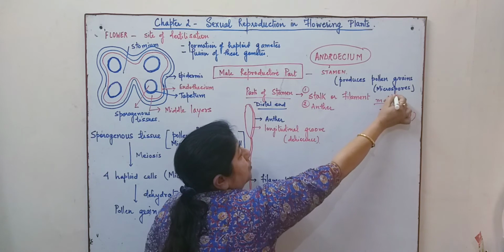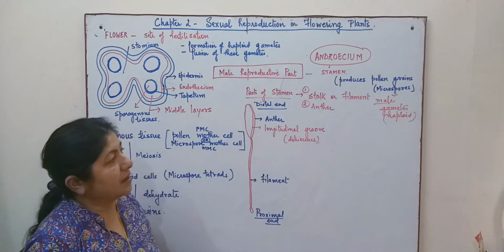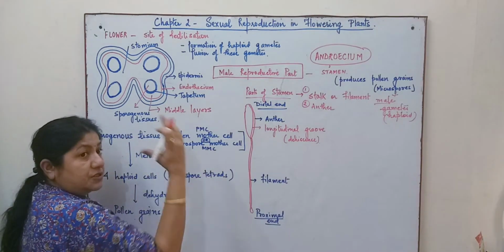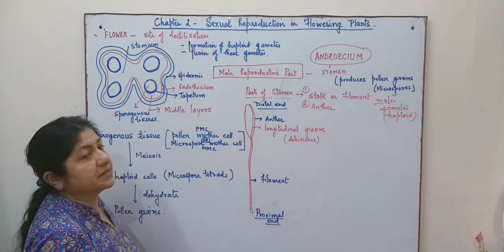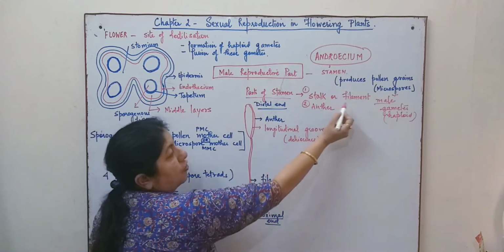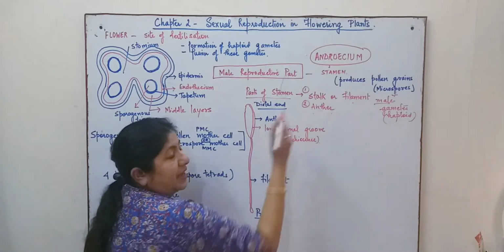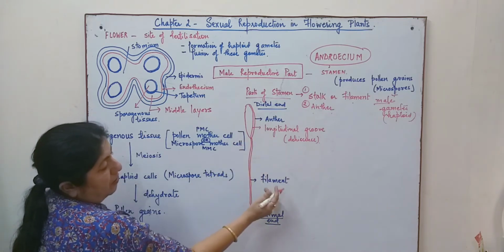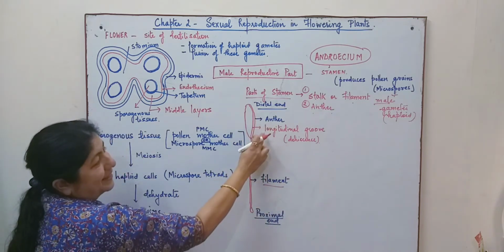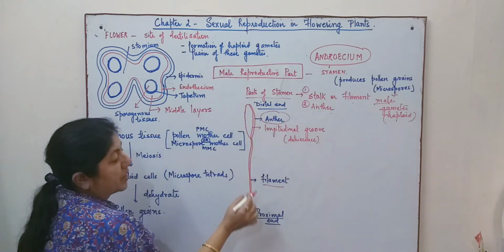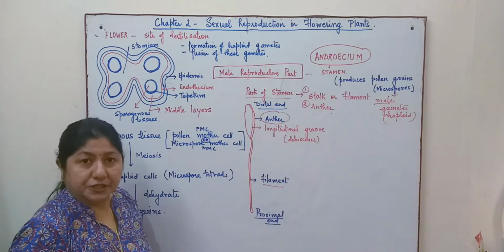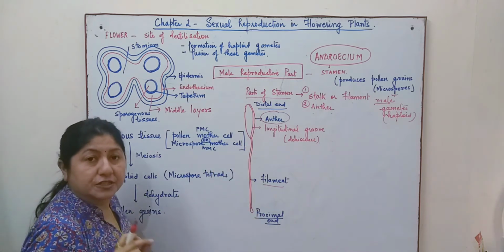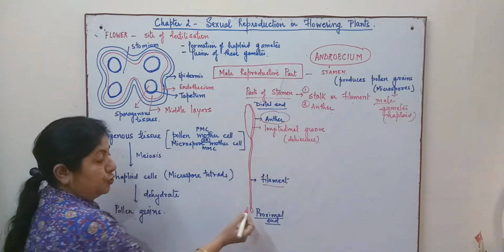So the microspores or the pollen grains are the male gametes which are produced within the stamen. The structure of the stamen consists of a stalk or the filament and the anther. Here is the diagram showing you the stalk or the filament and the anther. The stalk or the filament helps in the attachment of the stamen to the flower.